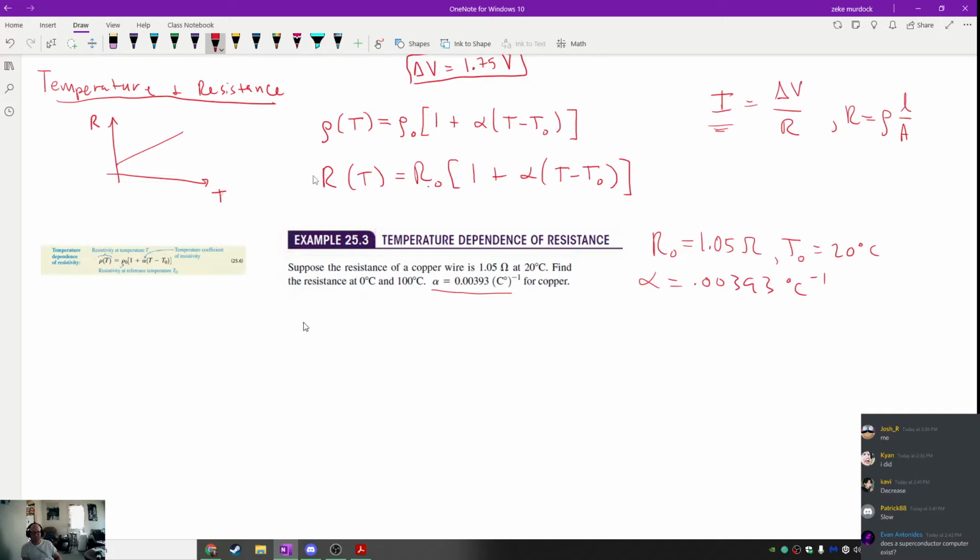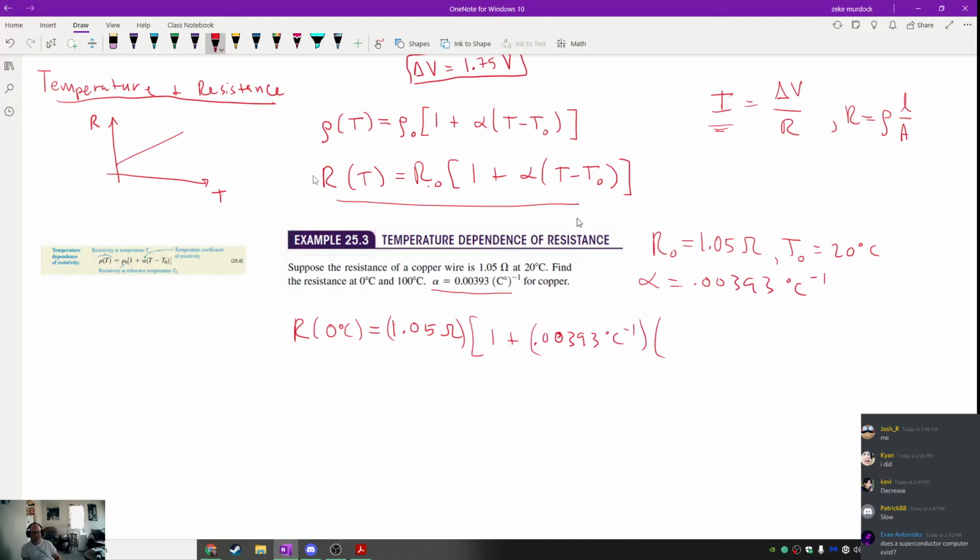Pretty easy problem. We want to find the resistance at 0 degrees Celsius. Let's do that one first. This is going to be equal to that same initial, so this is our equation. So I'm just going to start plugging things in immediately. This is a straight plug and chug kind of problem. So 1.05 ohms is the resistance at our initial temperature, plus alpha, which is 0.00393, multiplied by the temperature change.